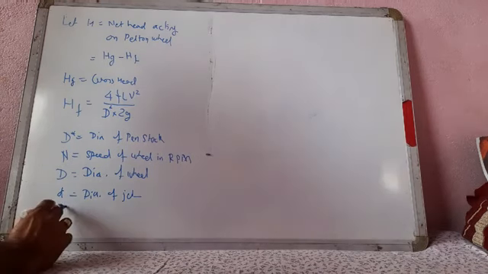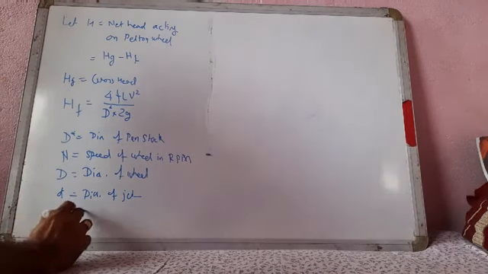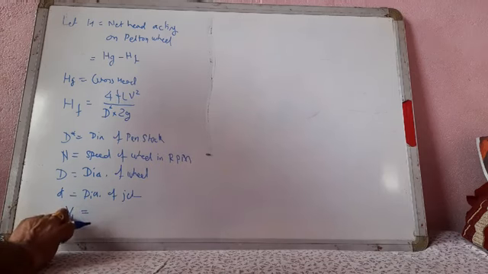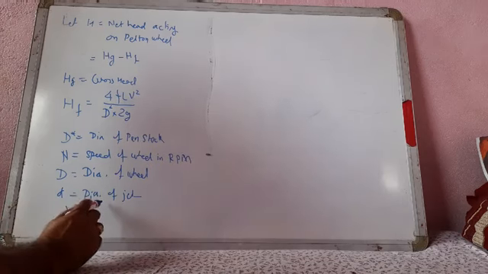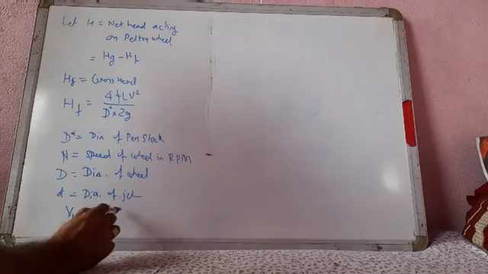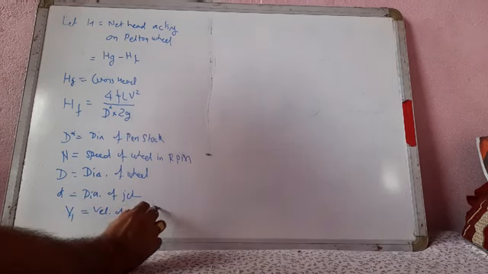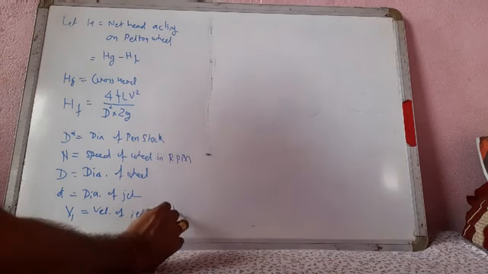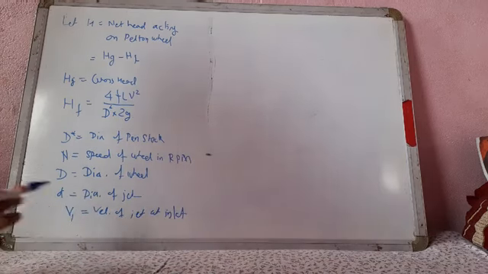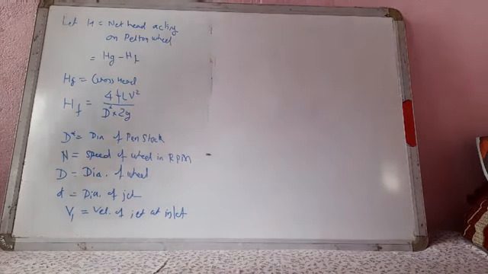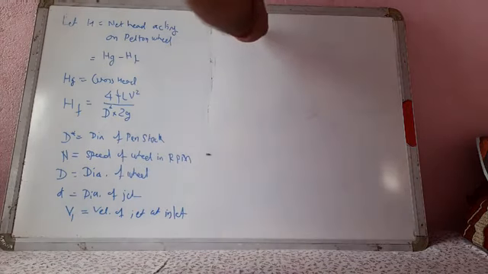Then V1 is the velocity of the jet at inlet, V1 equals root 2gH.